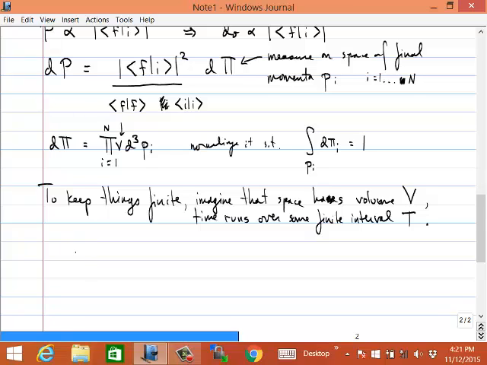Another way of saying that is that if I just had a naive integral over one of these final state momenta, so if I integrated over all space, I would get something proportional to the volume of space. And if you integrate over all momenta, just by dimensional analysis, that has to go like 1 over volume.